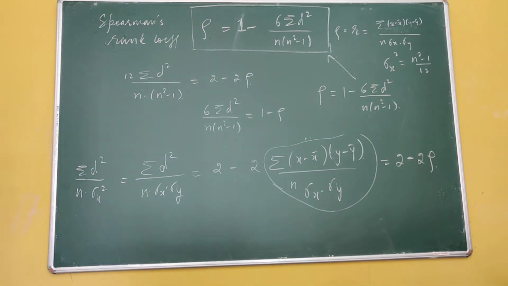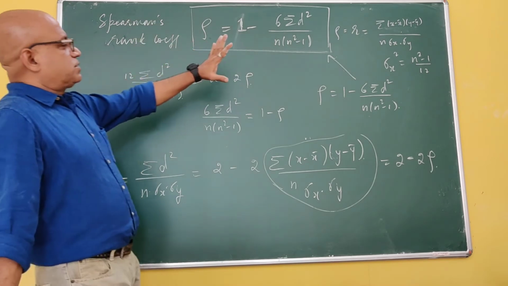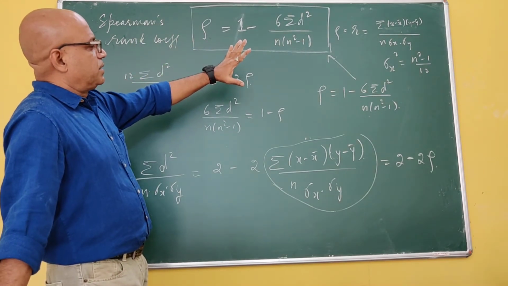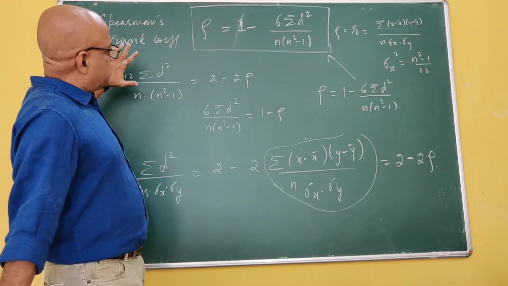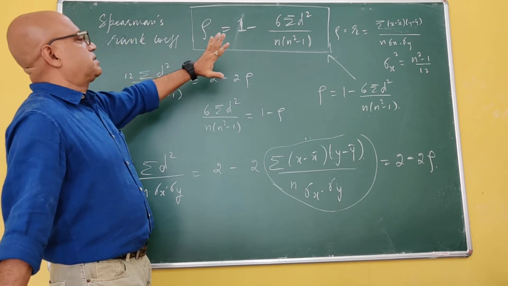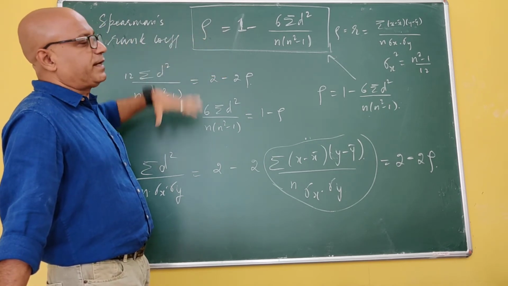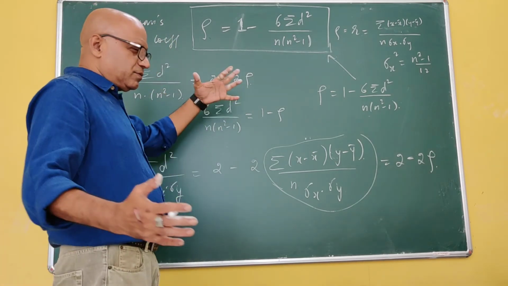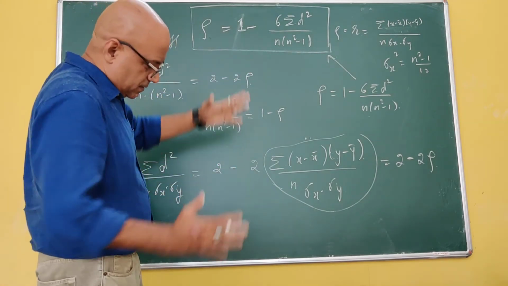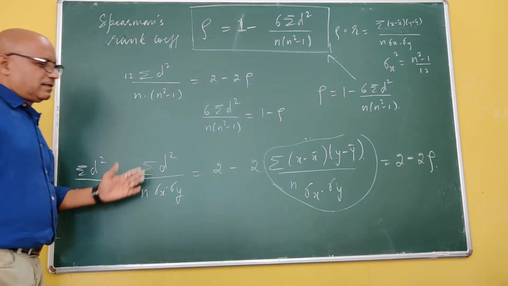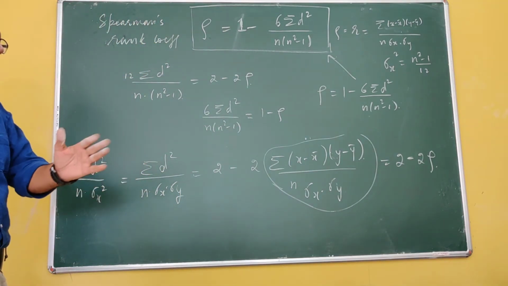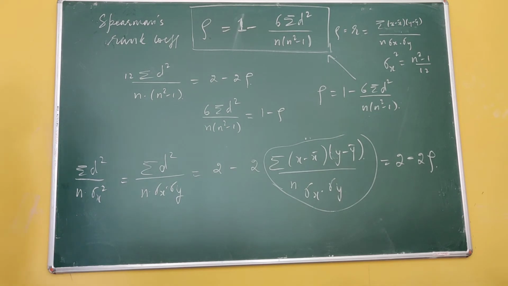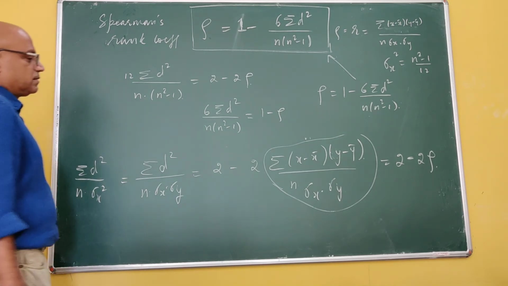Let me quickly repeat that. From Karl Pearson's correlation coefficient formula, we get Spearman's. It is the same as Karl Pearson. The only thing is we have special data here, which is ranks. And ranks being continuous, a sequence of numbers without any gap, when there is no repetition.